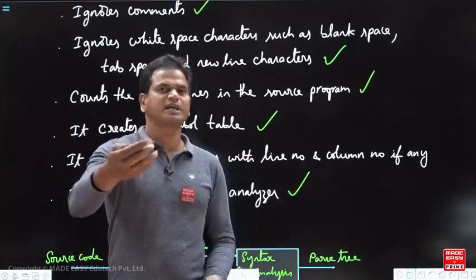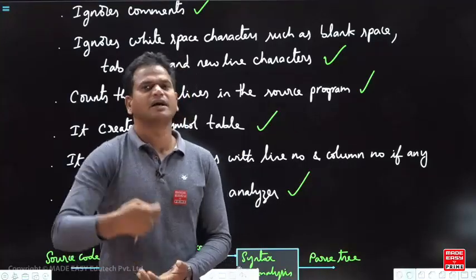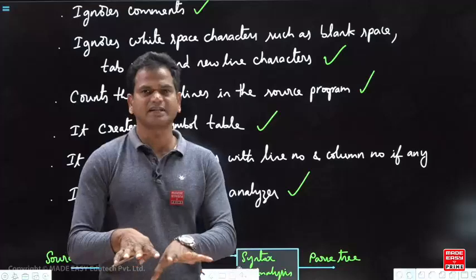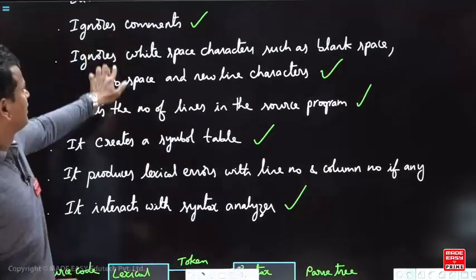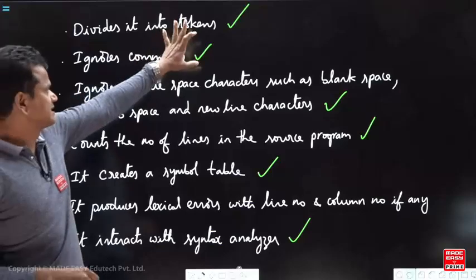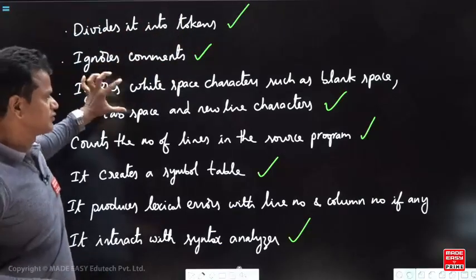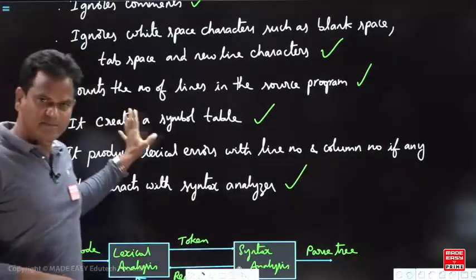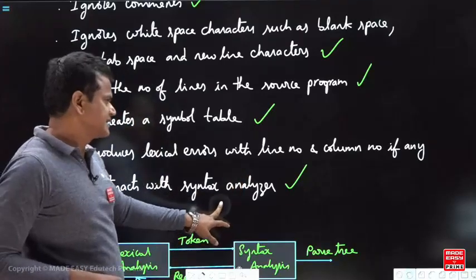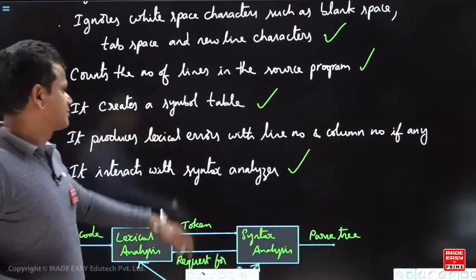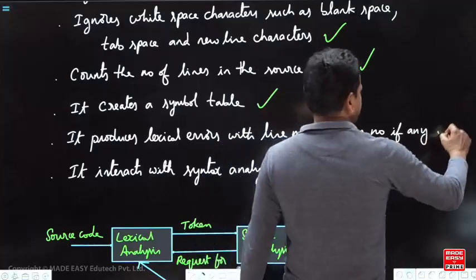So they can ask you the number of tokens, or the lexical error. These kinds of questions can come from this topic. So we have done tokens, patterns, lexemes, ignoring comments, ignoring white spaces, counting the number of lines, creating the symbol table, and interacting with the syntax analyzer. Now the last part: it produces lexical errors, if any.